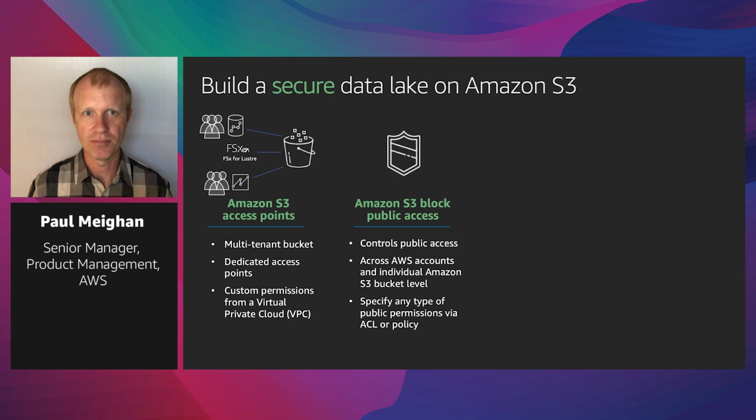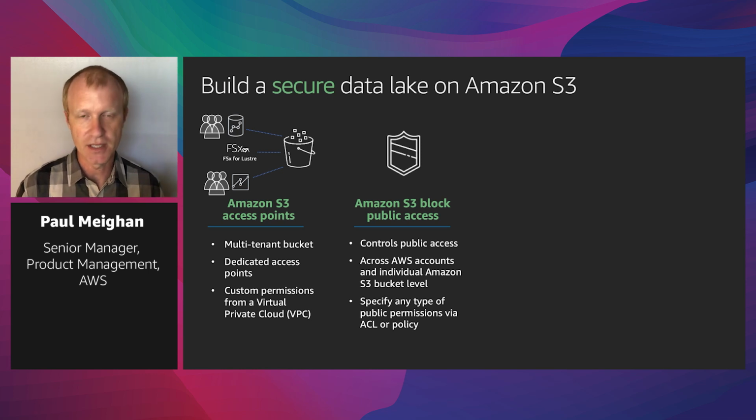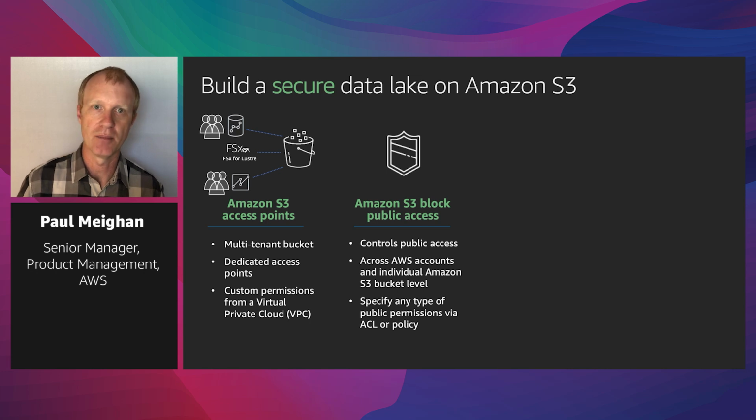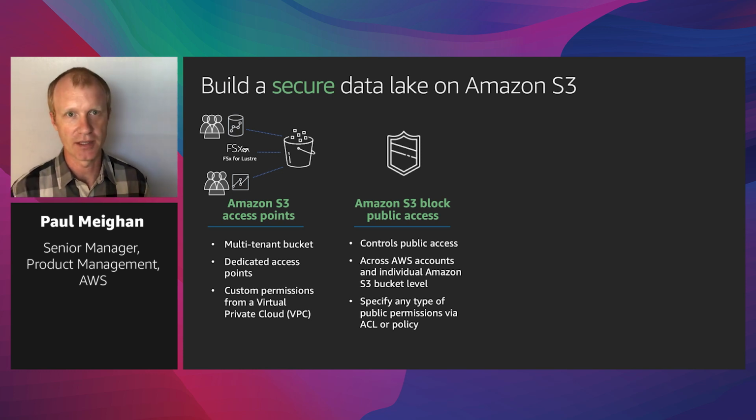You can also apply block public access at the AWS account level. The best practice that we recommend is that you take all of the buckets that need public access, like those hosting website content and stuff like that, put them in dedicated AWS accounts, and for everything else, apply block public access at the account level, and then set up service control policies at the org level to ensure that your block public access settings on those accounts are never changed.